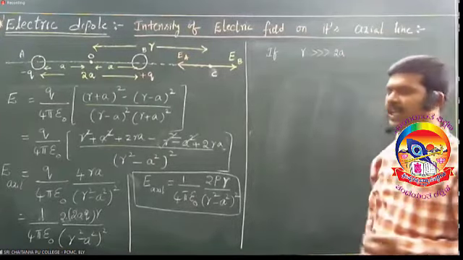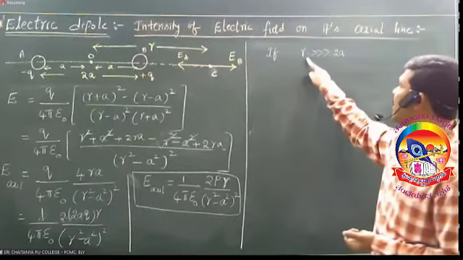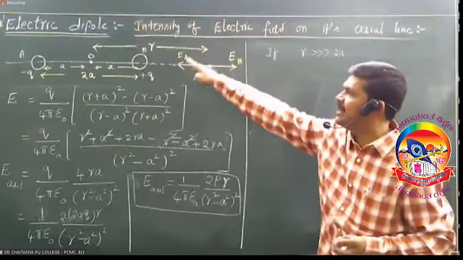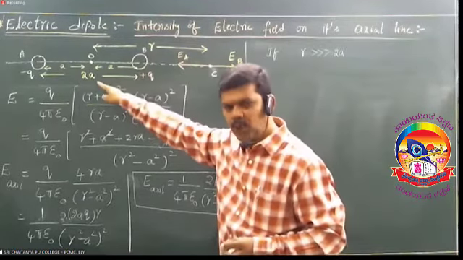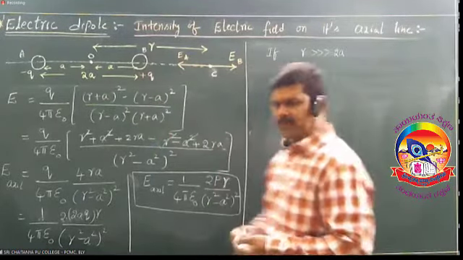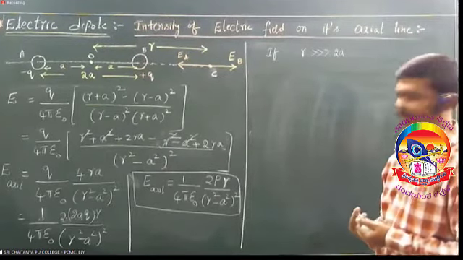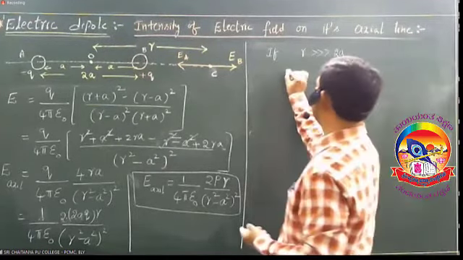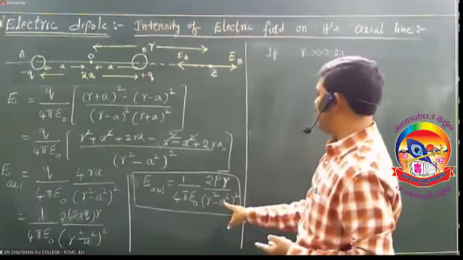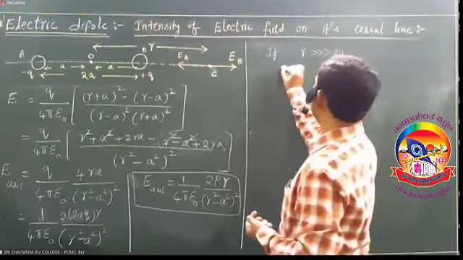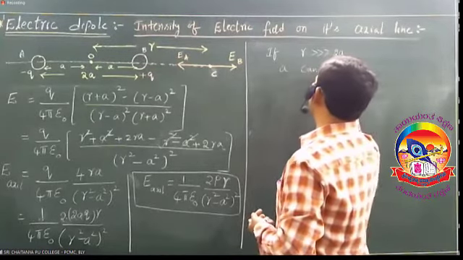In this way also we can see in the books, r is much greater than 2a. Whatever distances we consider are much greater than the dipole length, 2a or a. In that case, what happens to this? See, if r is much greater than a, it can be neglected.